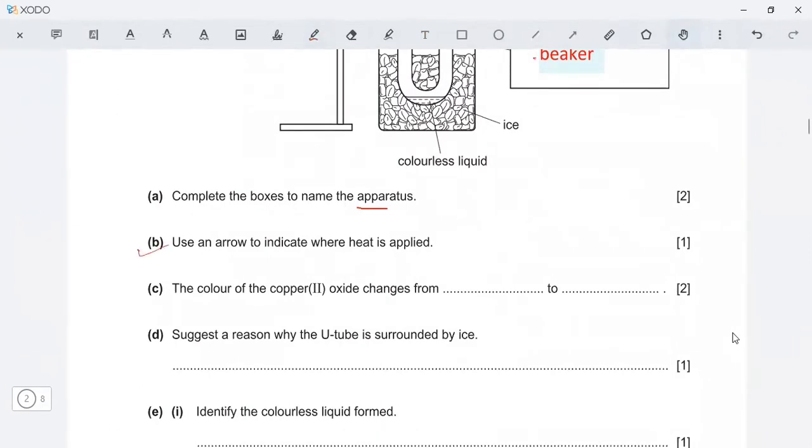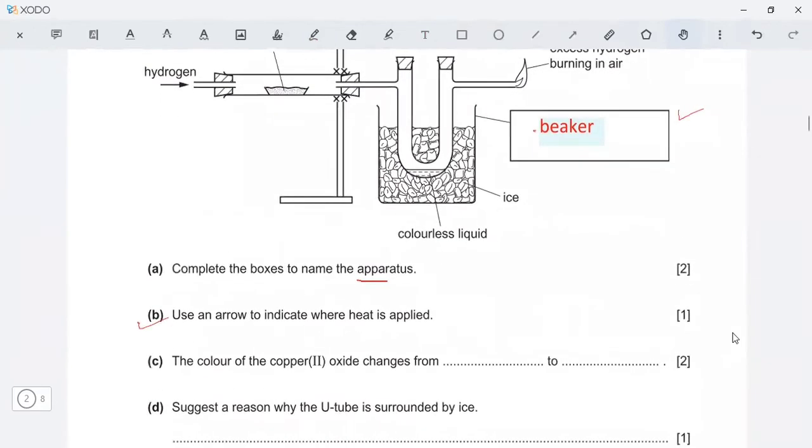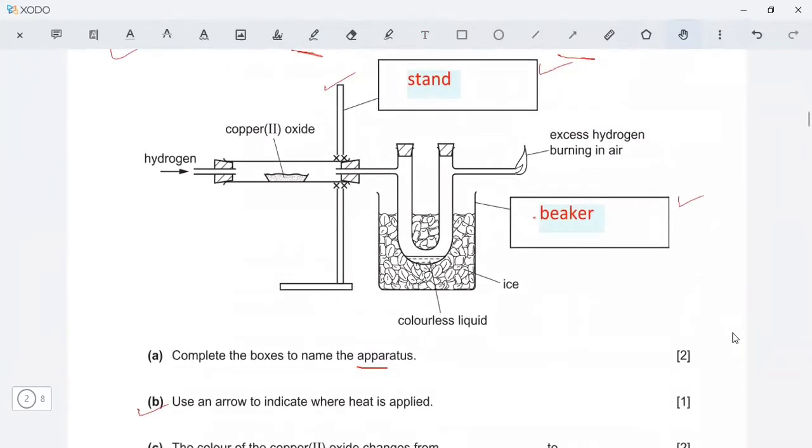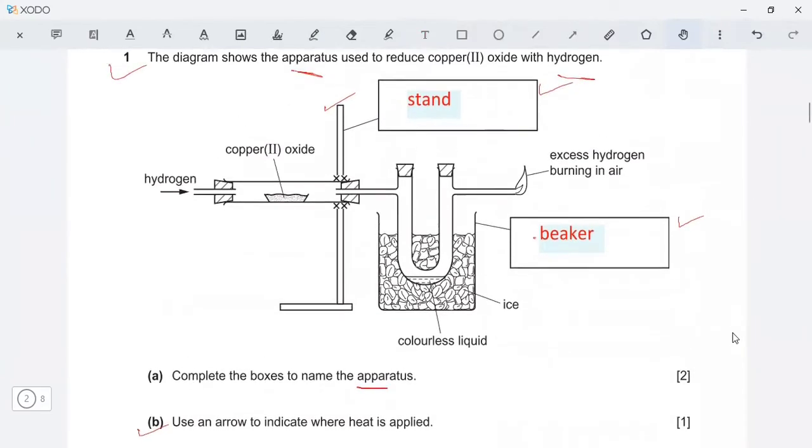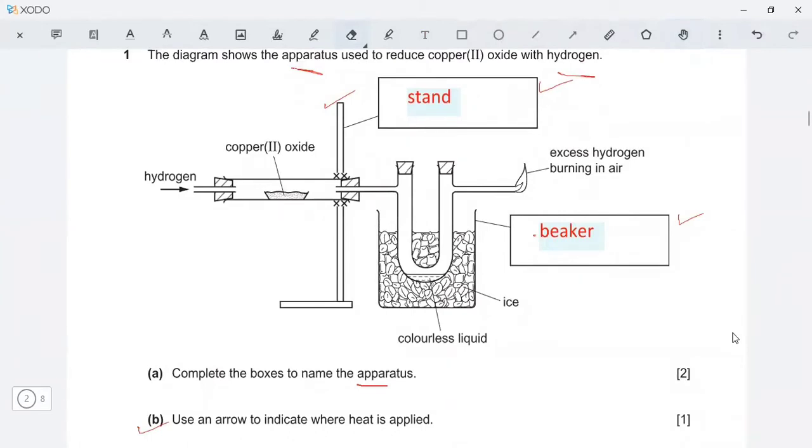Use an arrow to indicate where heat is applied. So you have to indicate with an arrow where heat is applied, so it's clearly visible. You could see the place that is supposed to be heated, right? So you just draw the arrow mark over here, because the heating process is drawn in the diagram here, copper oxide to be heated, right?